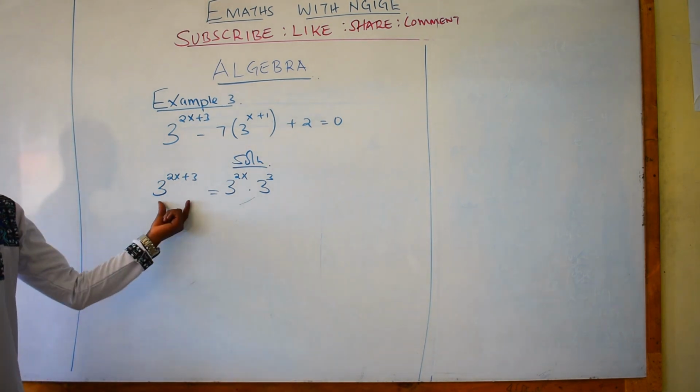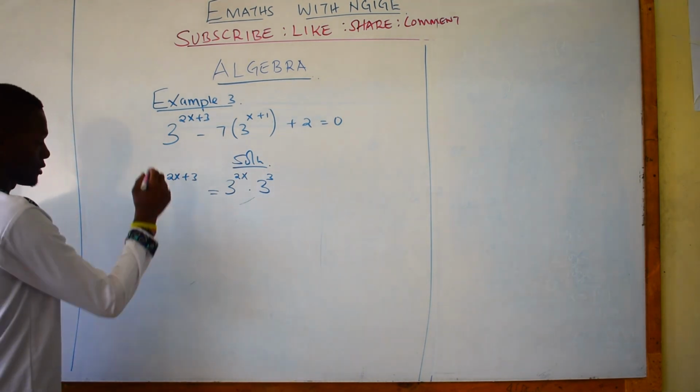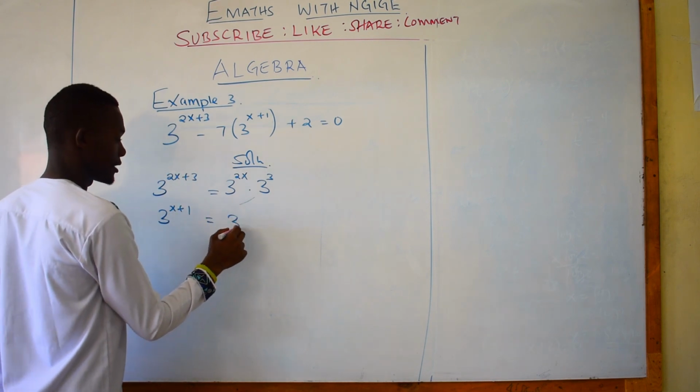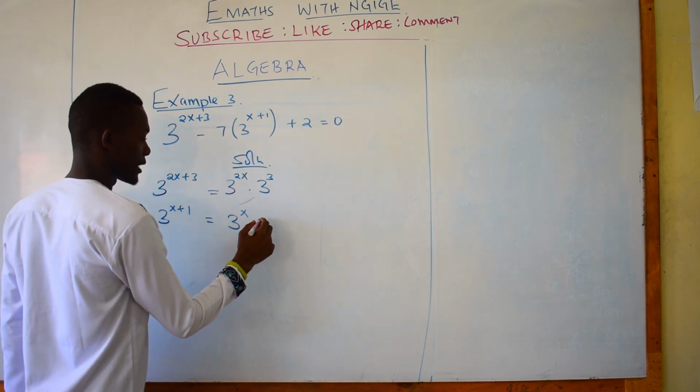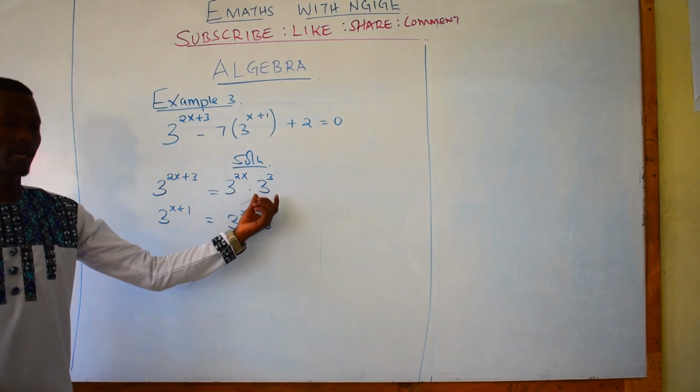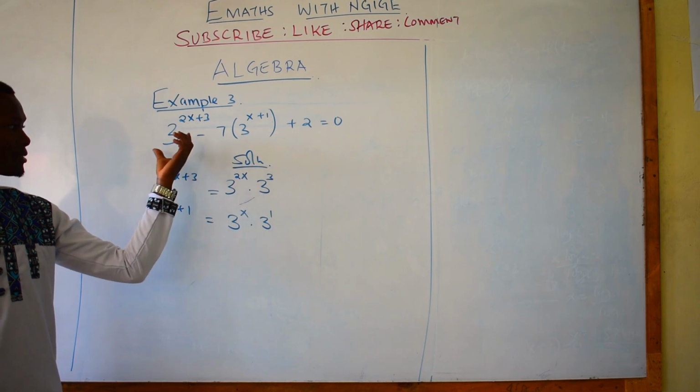So this is the same as saying 3^(2x) multiplied by 3 cubed. Now the second one, 3^(x+1), is the same as 3 raised to the power x multiplied by 3 to the power 1. From this point, we can replace these terms in our equation.